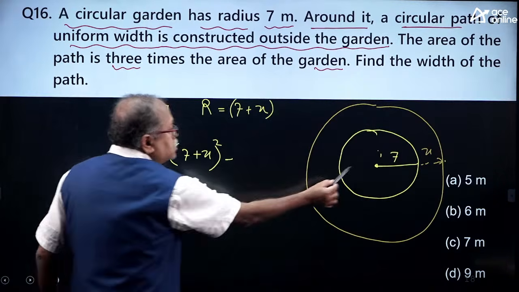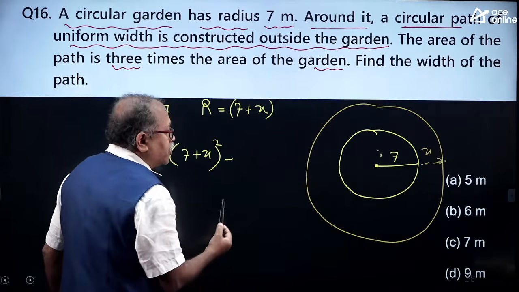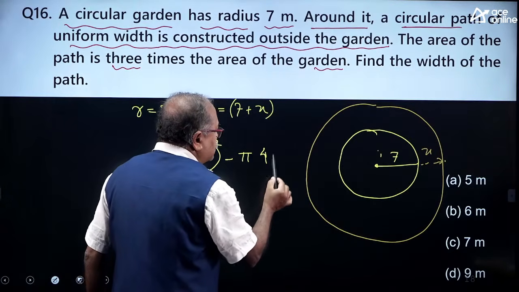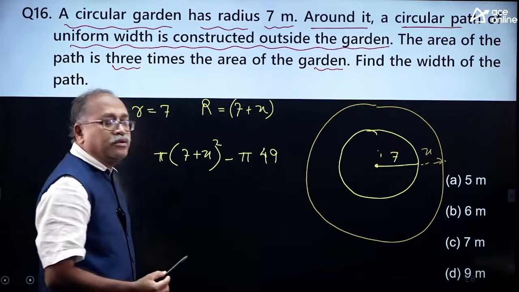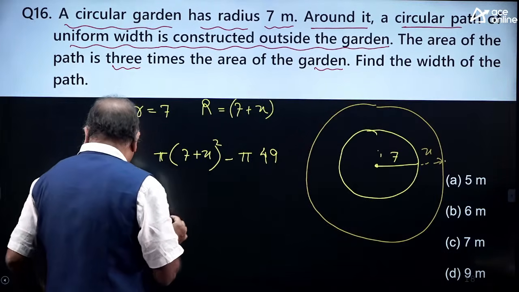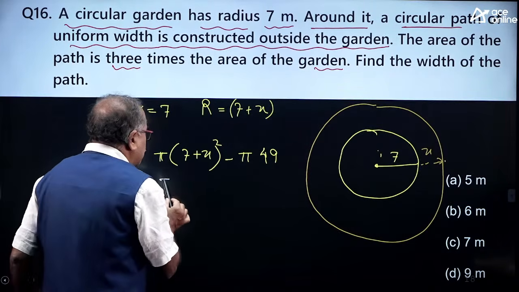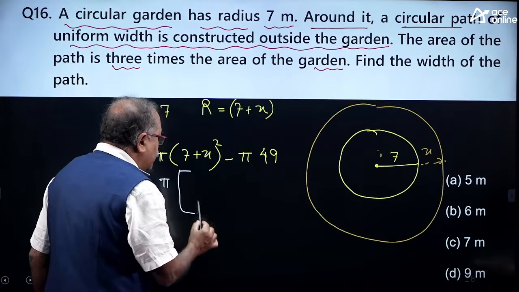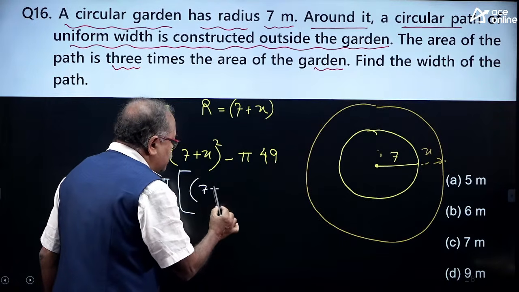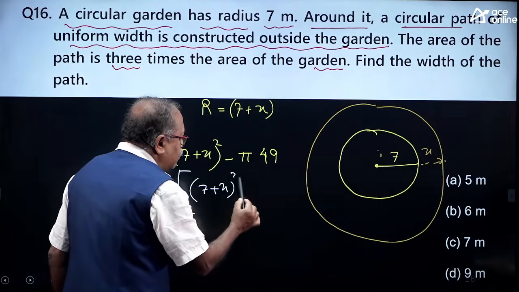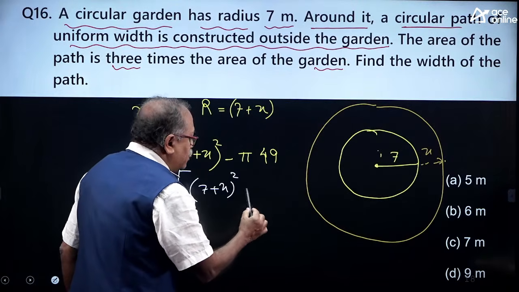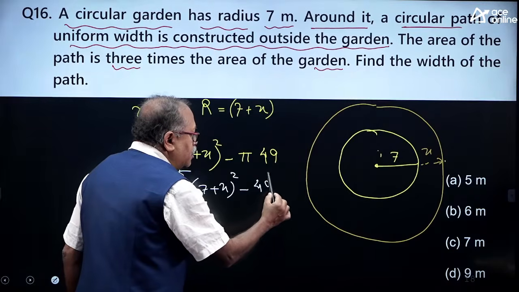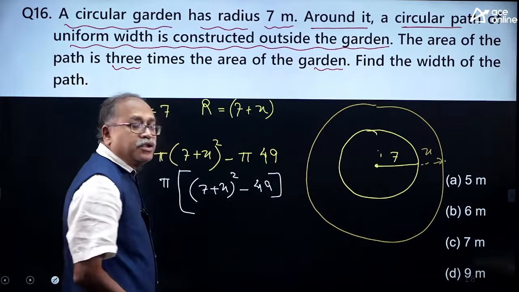So, the inner one is pi r square, that is 7 square. I can simply write down 49 over here. Now, once you wrote it here, it is a basic calculation, that is pi times (7 plus x) whole square minus 49. Am I right over here? Minus 49.